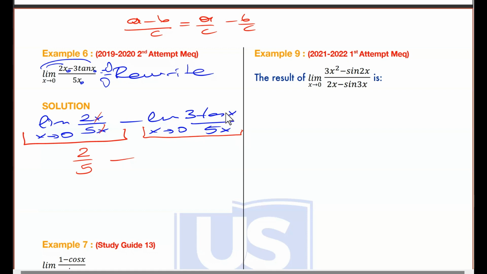The coefficient of x here is 1, but there is also a coefficient of tangent, so do not ignore this. We take the coefficient of x as an angle, the coefficient of the angle. We also take the coefficient of the function. There is a coefficient of the function as well. So 3 divided by the coefficient of x at the bottom, which is 5. So here I have 2 over 5 minus 3 over 5, which is negative 1 over 5.